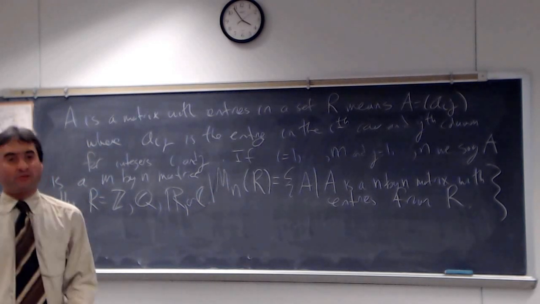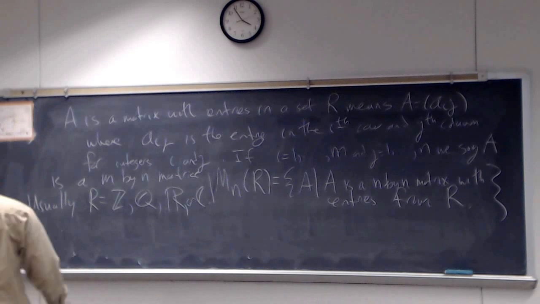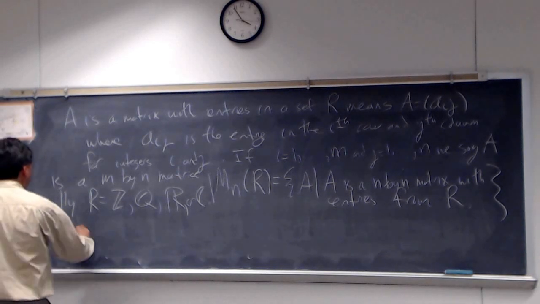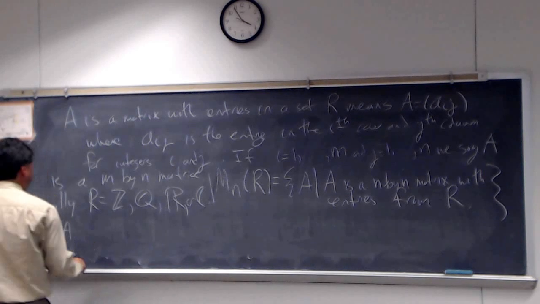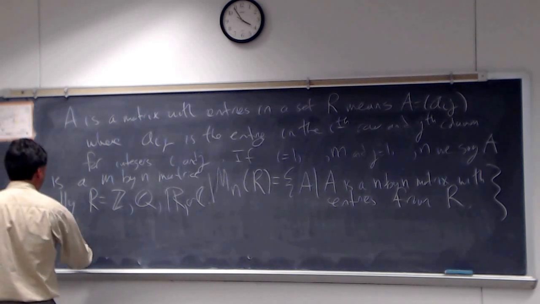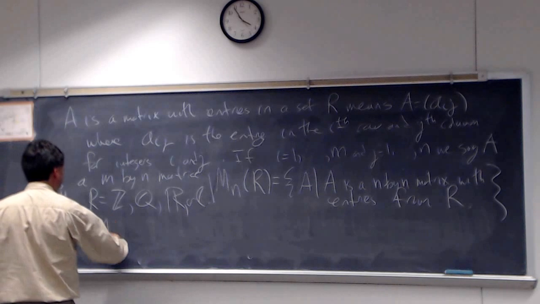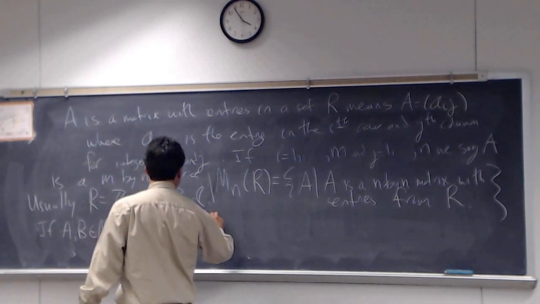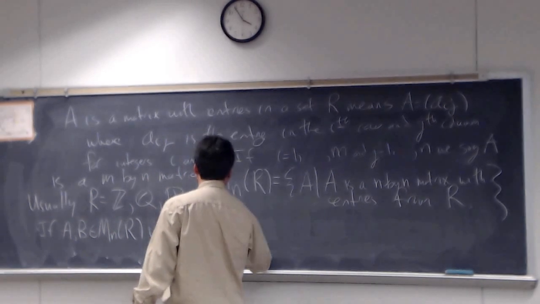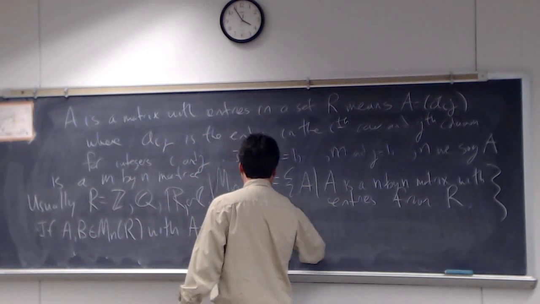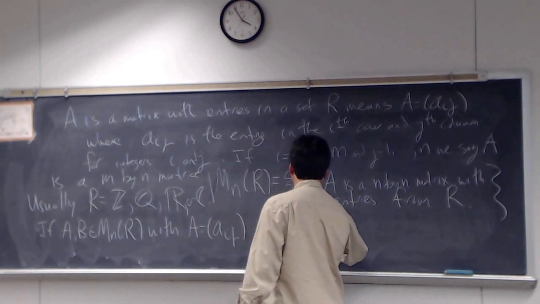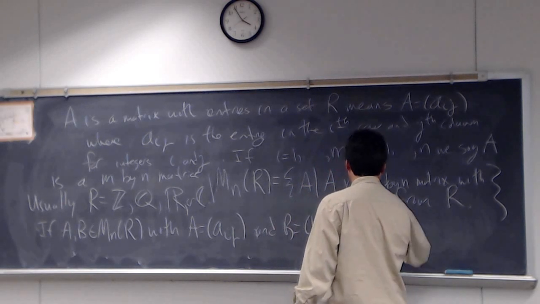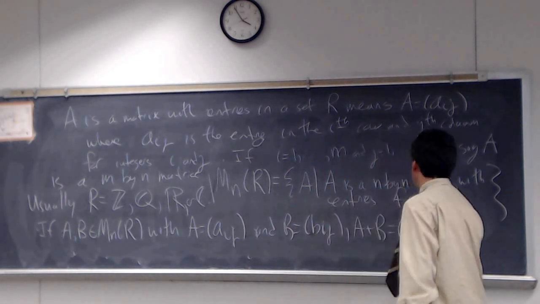And we can add matrices. That's pretty easy. If A and B are matrices, where Aij and Bij are the elements, A plus B is very easy to define.